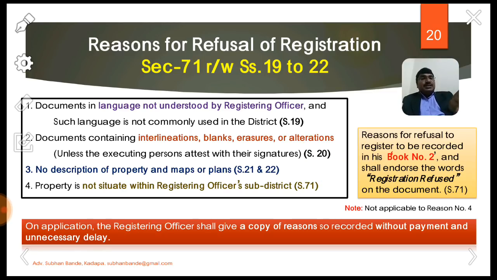The third reason is, if there is no description of property and maps or plans, then he can refuse registration. There should be a clear description of the property. The executor should mention the survey number and the boundaries: north, south, east, west.